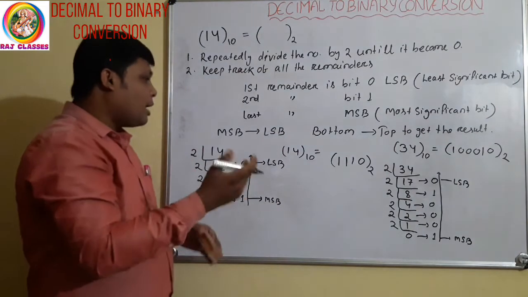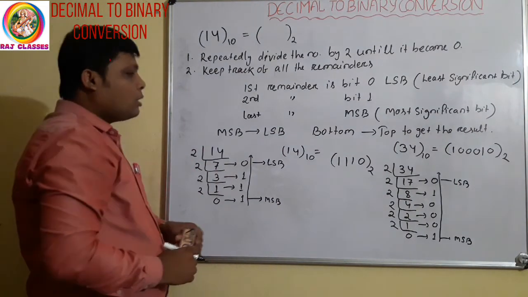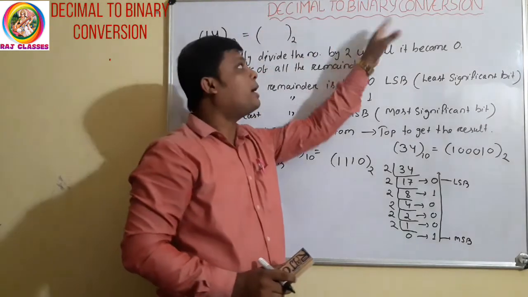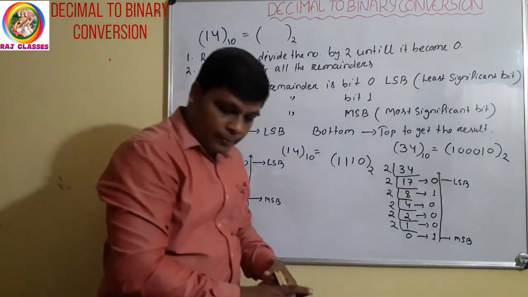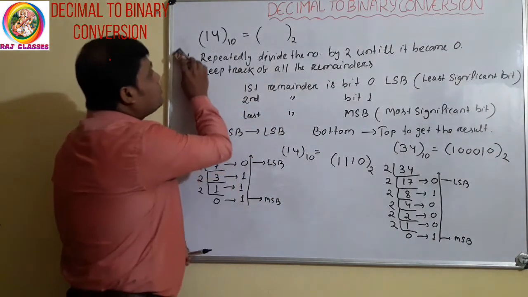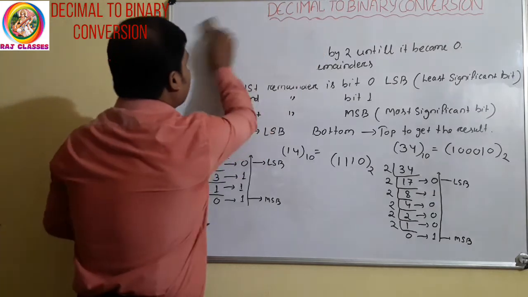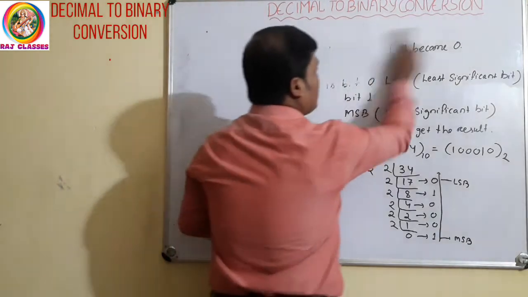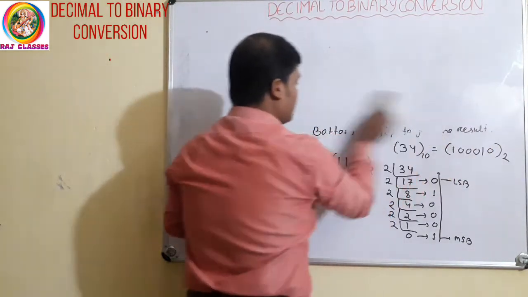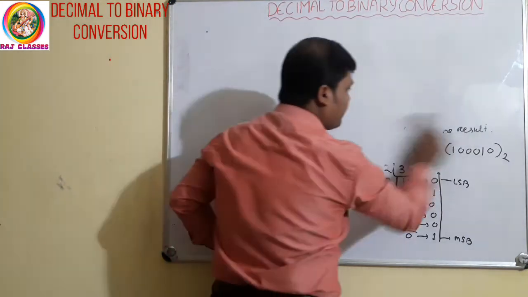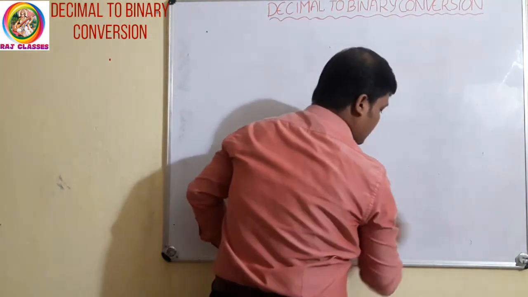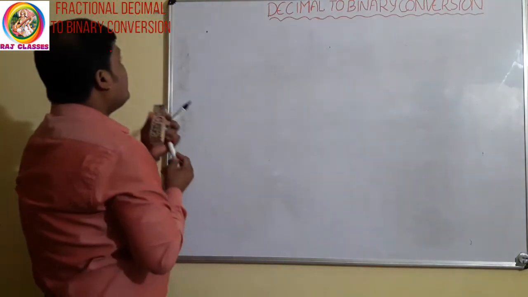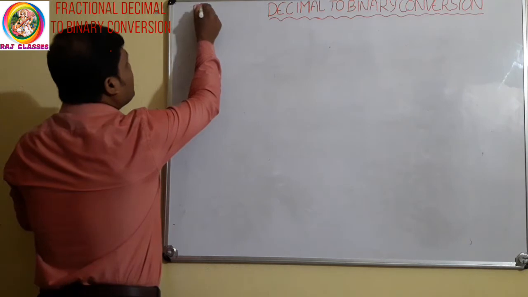Understood? Now we'll see how to convert fractional decimal to binary. Clear? In a fractional decimal, there are two parts, you know. One is the integral part, another one is the fractional part.